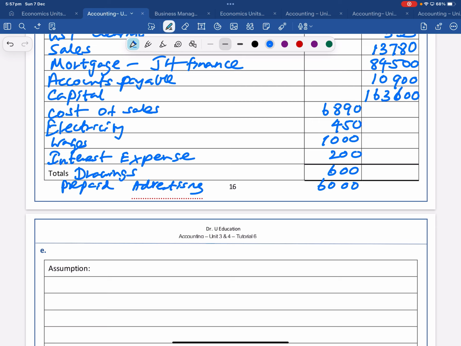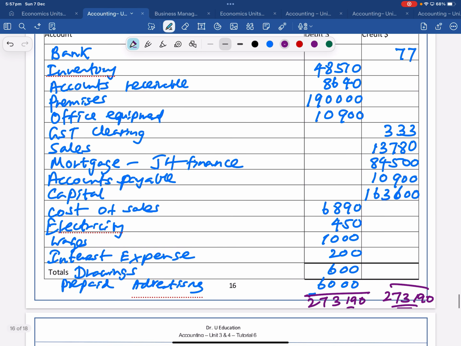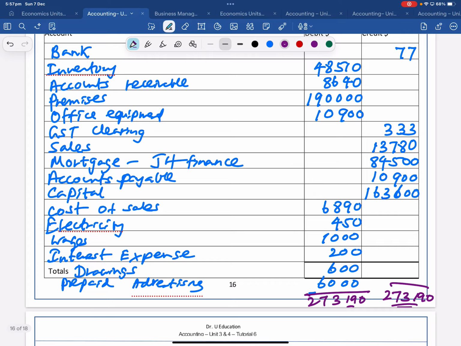What's the total? 273,190. Yep, 273,190 is the total. Okay, thank you guys. And then income statement and balance sheet you had to do. Those who haven't done, please do it. I'll help you with the theory questions, guys.